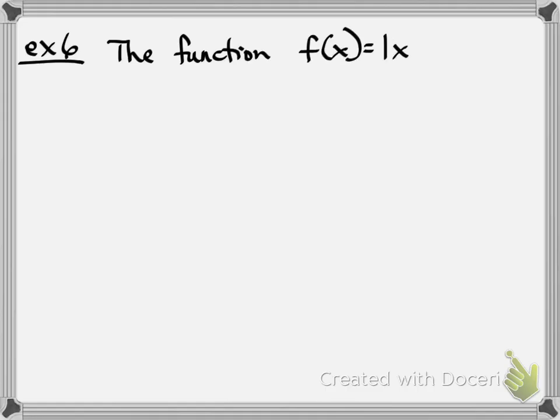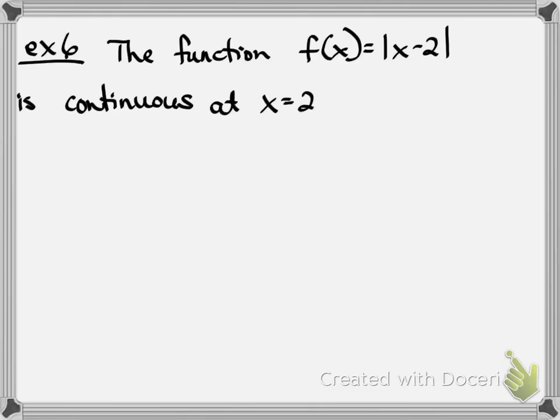So we're going to do example 6 together. The function f of x equals the absolute value of x minus 2 is continuous at x equals 2.